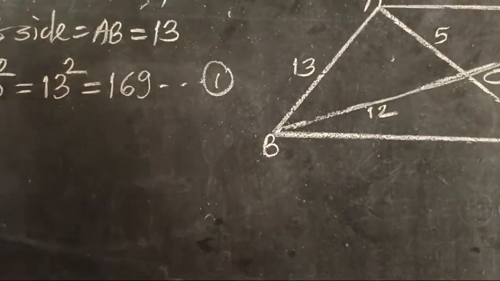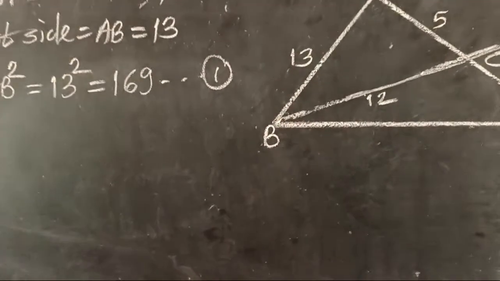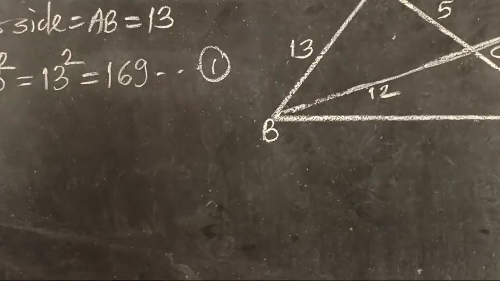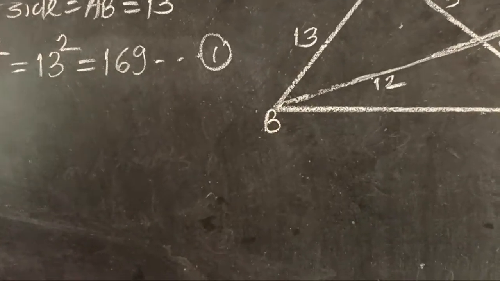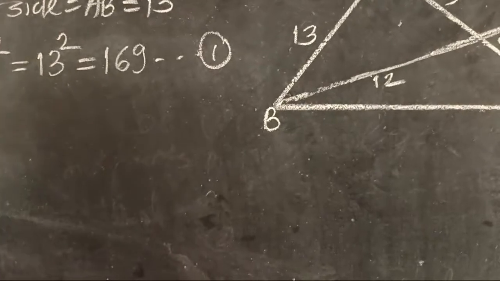Then what is essential? The sum of squares of the remaining two sides.